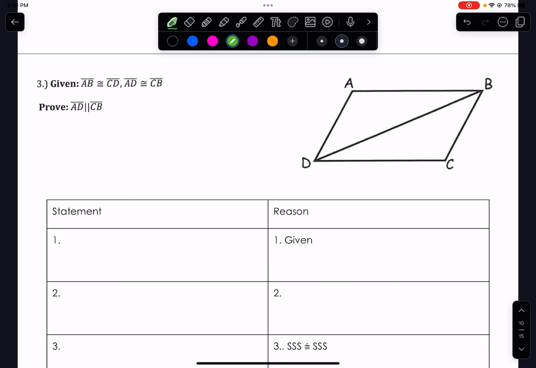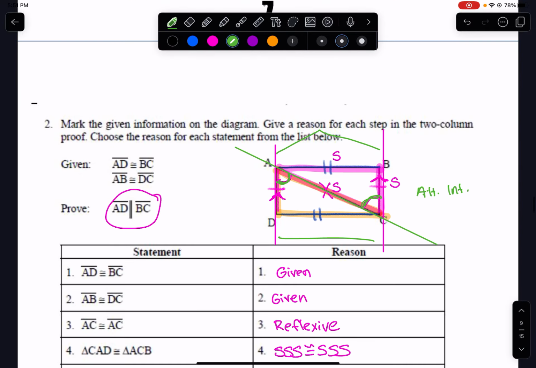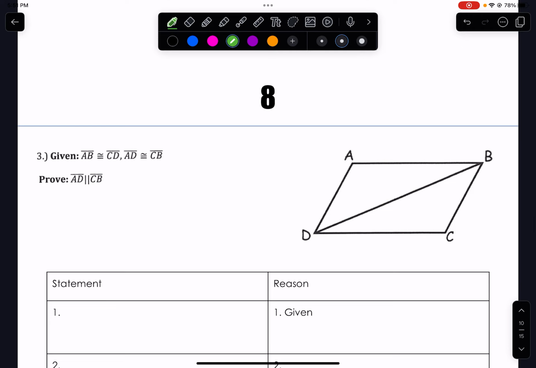So again, you're given information. First thing you should do is write it out. AD is congruent to CD. AB is congruent to CD.